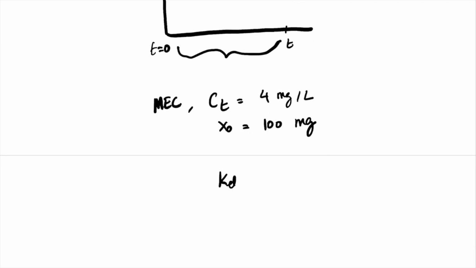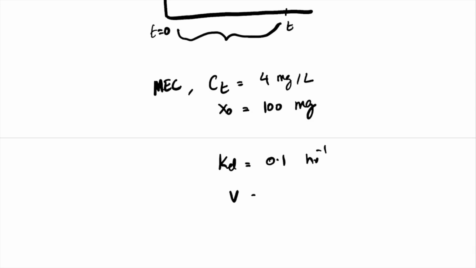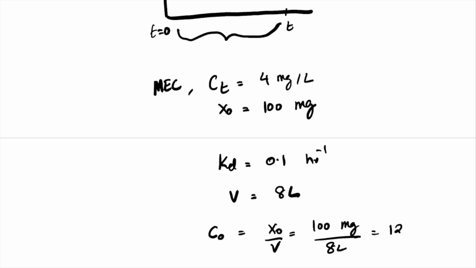The KEL is given as 0.1 per hour, and the volume of distribution is 8 liters. So C0 is going to be equal to X sub 0 divided by V, which is 100 milligrams divided by 8 liters, 12.5 milligrams per liter.